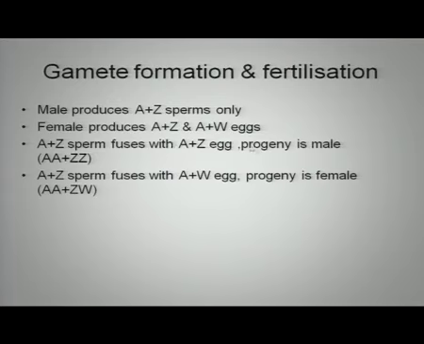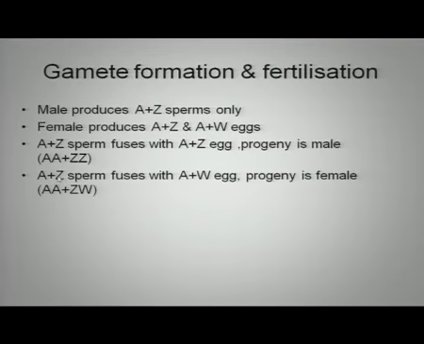Two different types of gametes are produced, so it is heterogametic. A plus Z sperm fuses with A plus Z egg. The progeny is a male, AA plus ZZ combination.